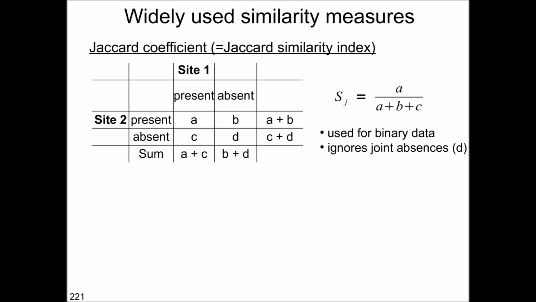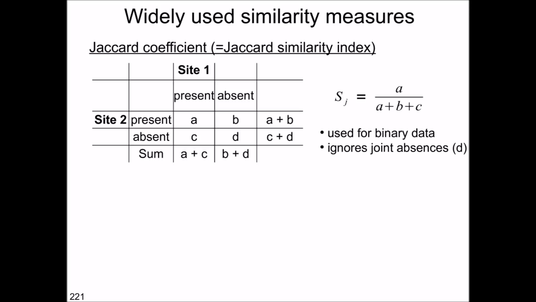So widely used similarity measures are discussed now, and one widely used measure for the ecological situation of presence-absence data is the Jaccard coefficient, and as you can see from the equation, this coefficient simply ignores joint absences, described in the table as the situation D, where you have the absence for site 1 and site 2.